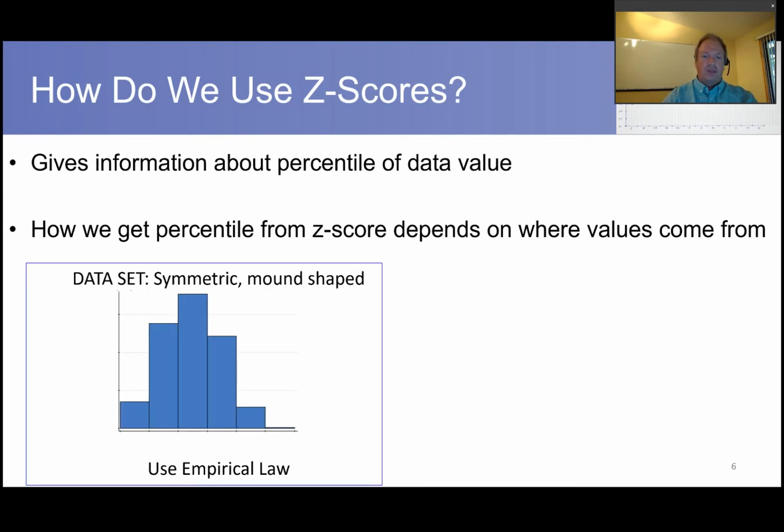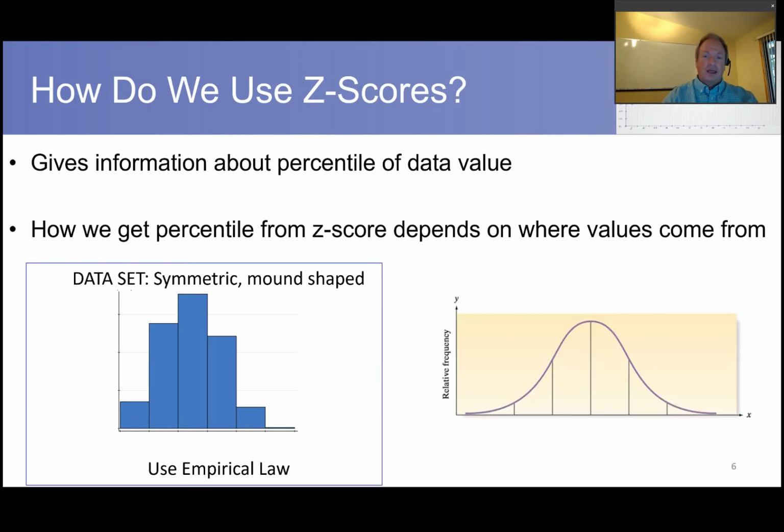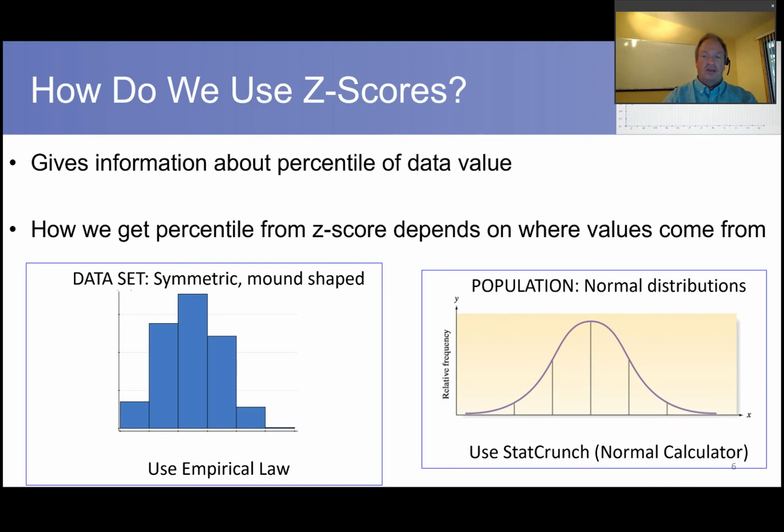So for example, if we're looking at an actual data set and it's symmetric and mound shaped, we're going to use something called the empirical law or the empirical rule. However, if we're working with a population, say from a normal distribution, we're going to see how we can use StatCrunch to compute those values. And we've used StatCrunch a little bit already.